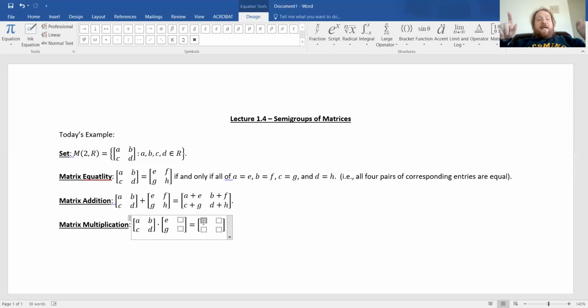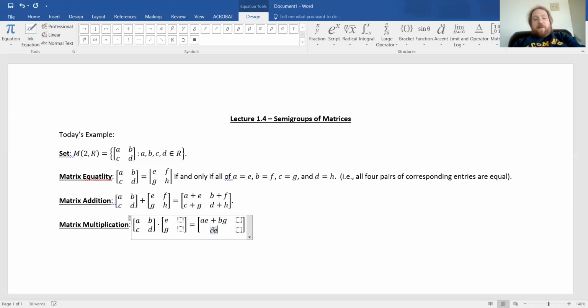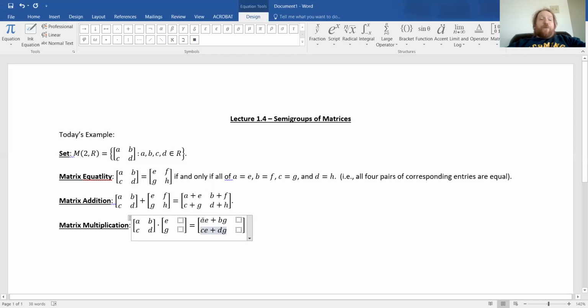You get AE plus BG in the first entry. In the second entry, you get CE plus DG. Now, that's how you get the first column. You take the matrix on the left times the first column of the matrix on the right, gets you the first column of the product.